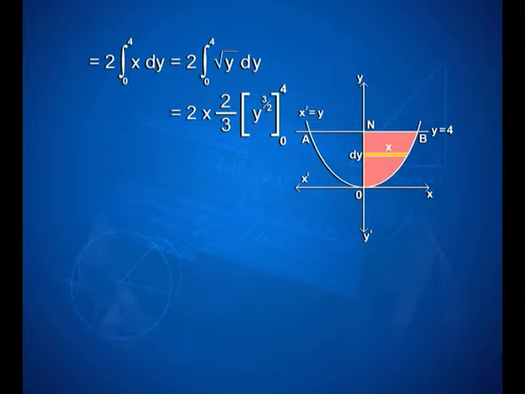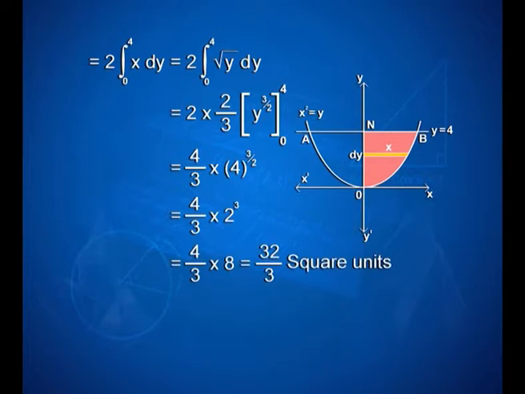On applying limits, we have 4 upon 3 into 4 power 3 upon 2, that gives 4 upon 3 into 2 power 3, that is equal to 4 upon 3 into 8, that gives 32 upon 3. Here we have taken horizontal strips as indicated in the figure to calculate the area.